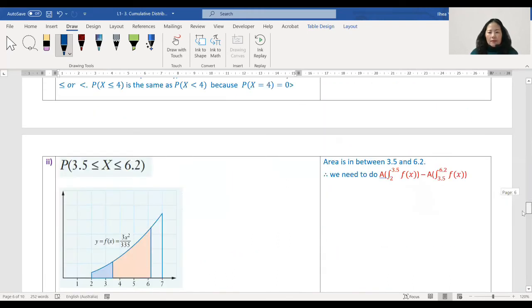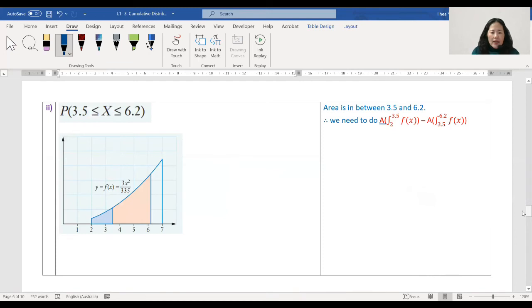Okay, so next one. Now this time what we want is the middle, not just the beginning part or the end part. What if it was the middle section, the area we want?